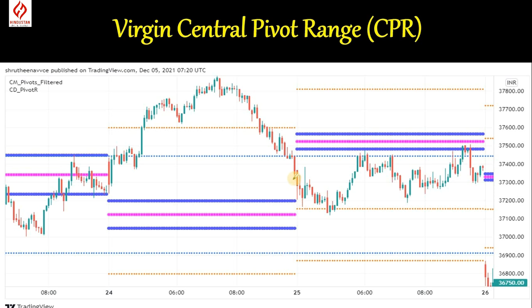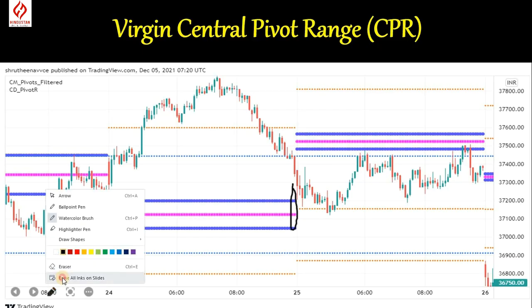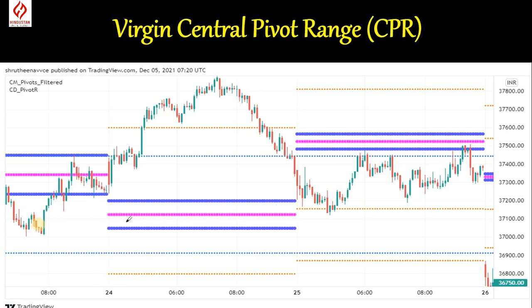Suppose you have waited till 3:25, and at 3:30 the last candle enters inside the CPR, then we cannot consider that as a virgin CPR. There should not be any candle inside the CPR. So, on 24th, a virgin CPR has been formed.